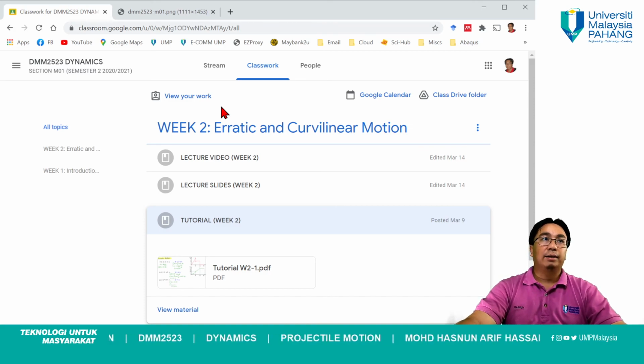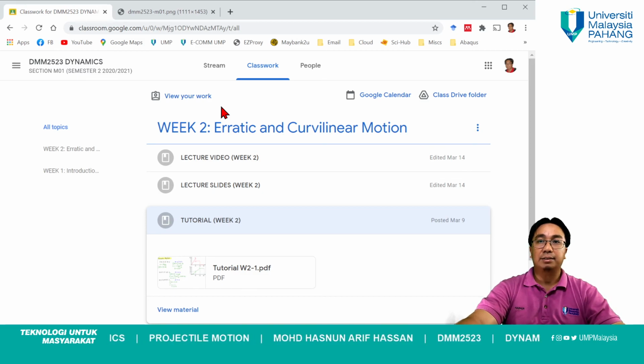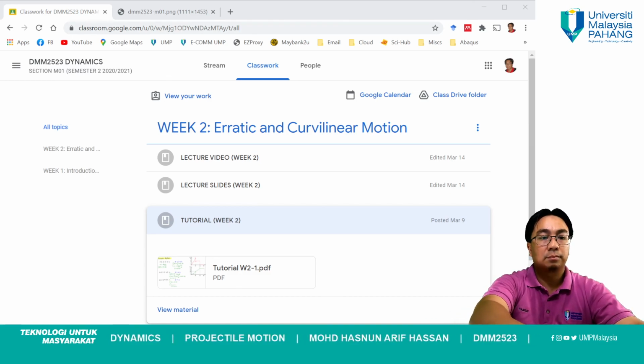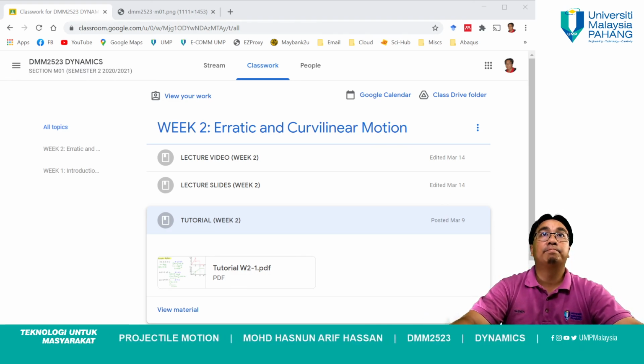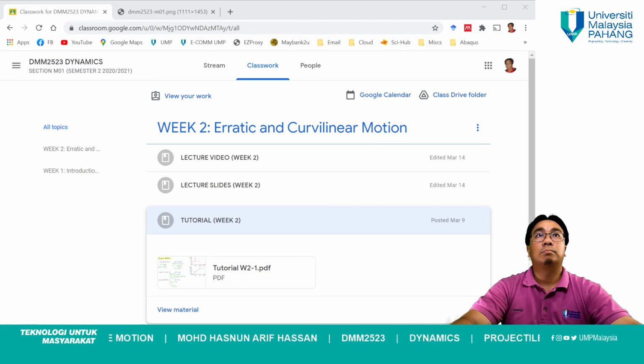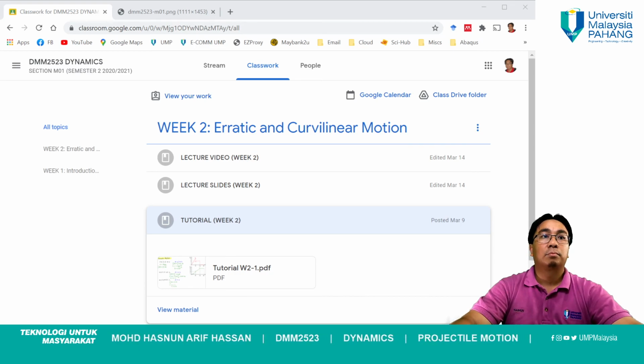So, okay, if there's no more question, ada apa-apa soalan lagi sebelum saya tamatkan kelas pada hari ini? No more question? No, sir. Okay, good. Yes. May I ask about, for just now we discussed about the chain rule, right? Is it necessary we need to use chain rule in our test?